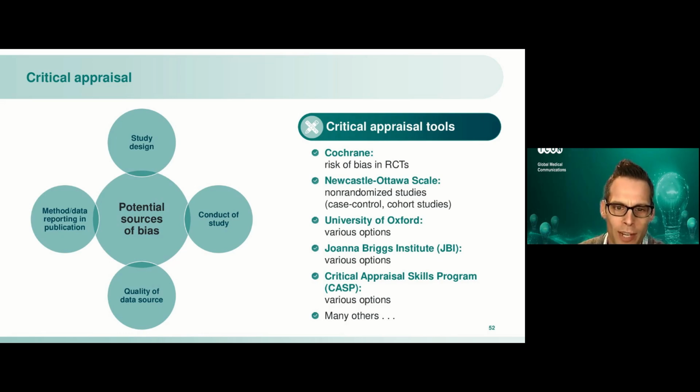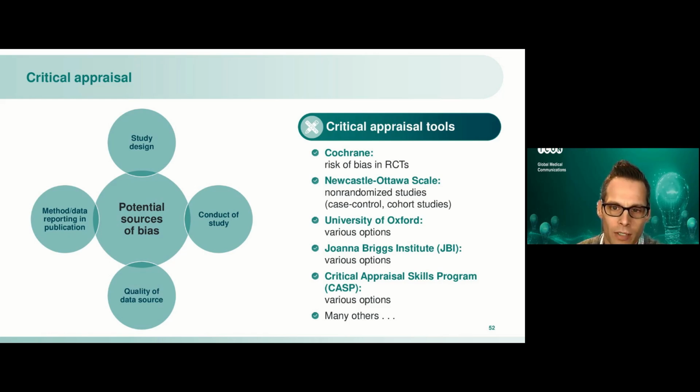So regardless of how a publication is done, there are always going to be some potential sources of bias or quality concerns, maybe from the study design or how the study was conducted, the quality of the underlying data source, or just how the methods or the data were reported in the publication. Was it thorough enough? And so what we're going to want is a simple way to compare the quality and bias of the articles in a very straightforward manner.